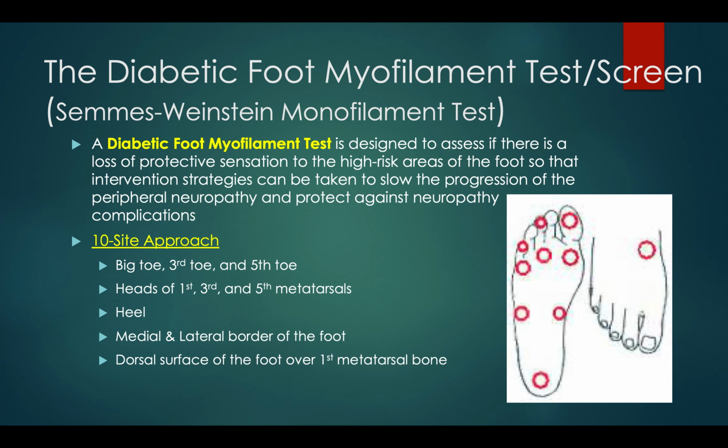So on the 10-site approach, as you can see with these red dots here, you would apply the monofilament thread to the plantar surface of the big toe, the third toe, and the fifth toe, and also to the heads of the first, third, and fifth metatarsals.